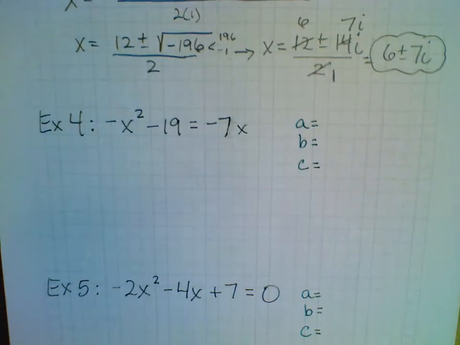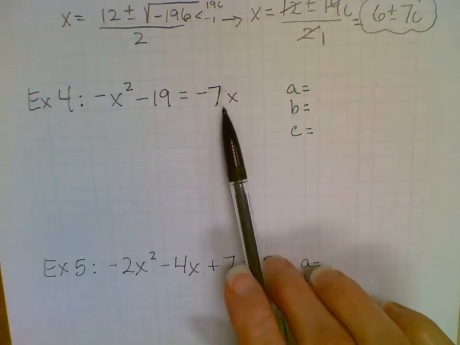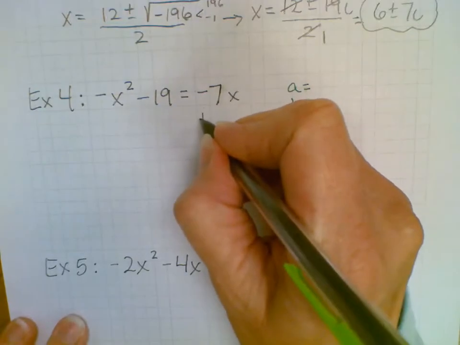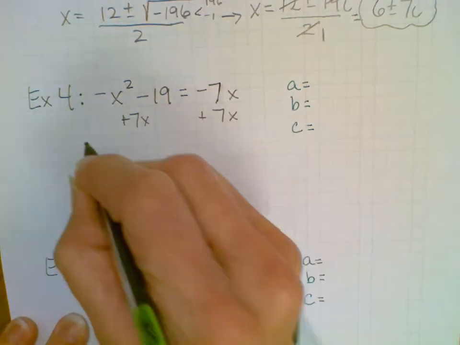Okay, let's keep moving. So this one here, still not quite where we want it, because I've got that -7x on the right side. So I'm going to add that over. And that actually is going to go in between the two terms.